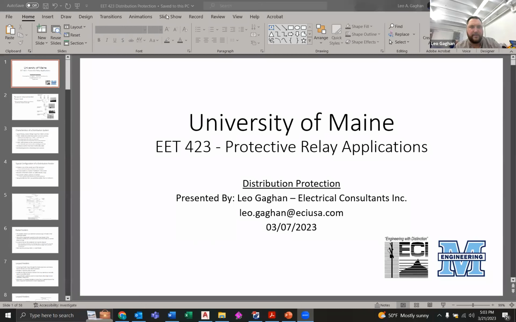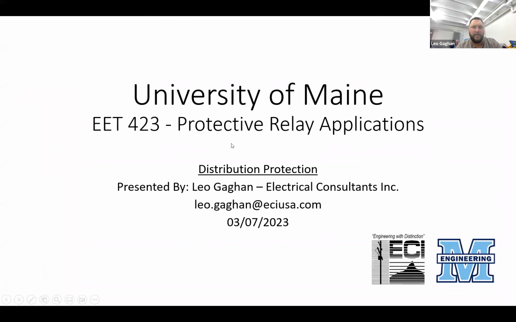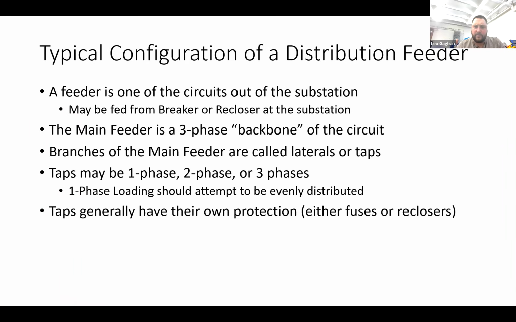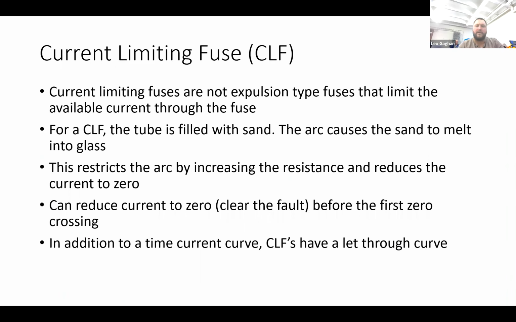All righty. So I think we made it most of the way through the distribution protection last time. I think we made it to sequence coordination. So the plan today is to make it through the distribution protection portion of the lecture, and then a little bit of a lab portion.